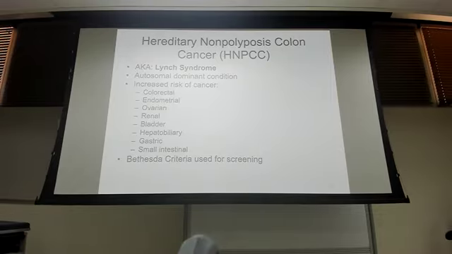In the case of Lynch syndrome, it's an autosomal dominant condition, and they have an increased risk of multiple cancers. You see the list there. And there's a special criteria called the Bethesda criteria used for screening the risk of those other organ cancers for patients who have Lynch syndrome. You don't need to know it, just know that it exists. The Bethesda criteria for screening your hereditary non-polyposis colon cancer patients, aka Lynch syndrome.